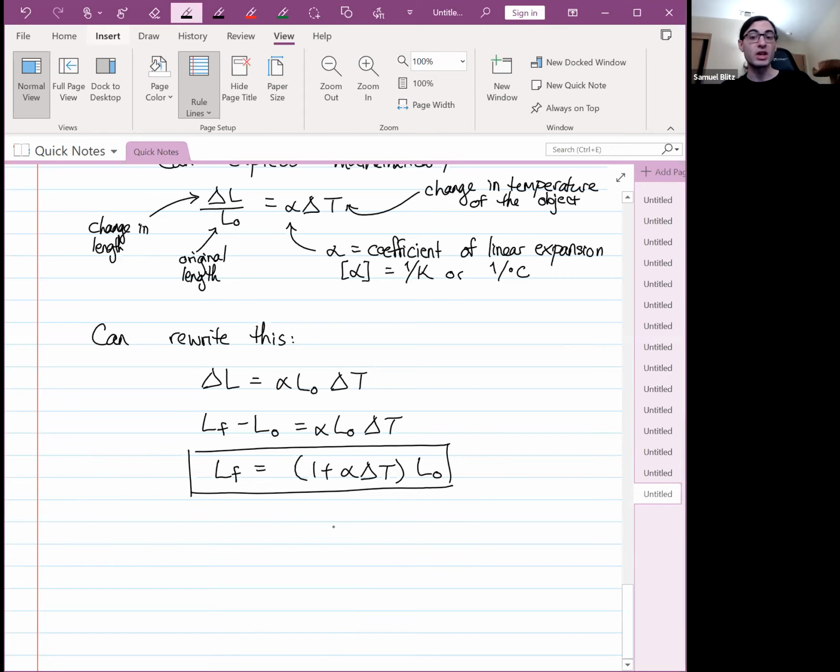And so that's a way that you can measure temperature. Now, unfortunately, most objects don't actually expand very much when you change their temperature. So it's a little bit hard to measure, but in principle, it's doable.